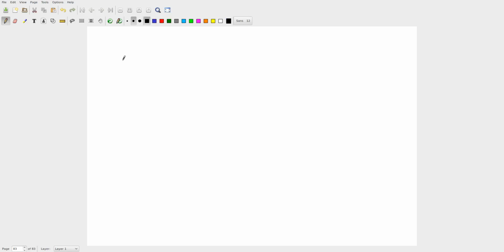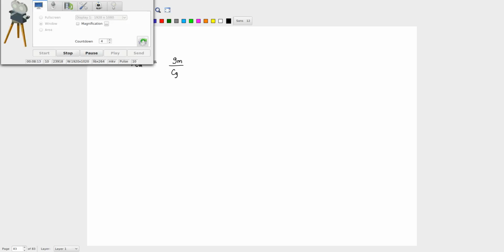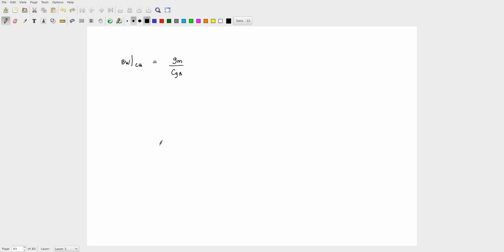Okay. So we worked out that the bandwidth of the common gate amplifier was gm by CGS. Can someone tell me what is the expression for gm? Okay, so what was your ID?